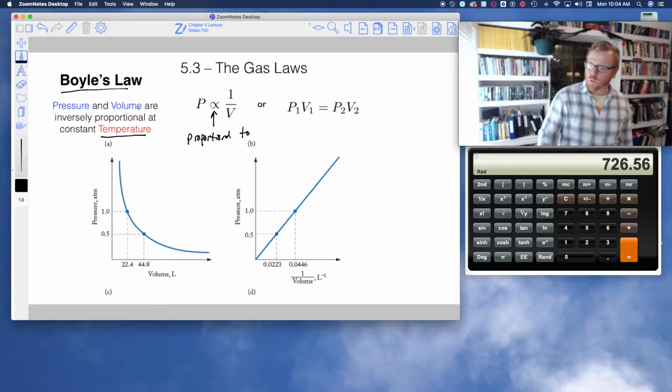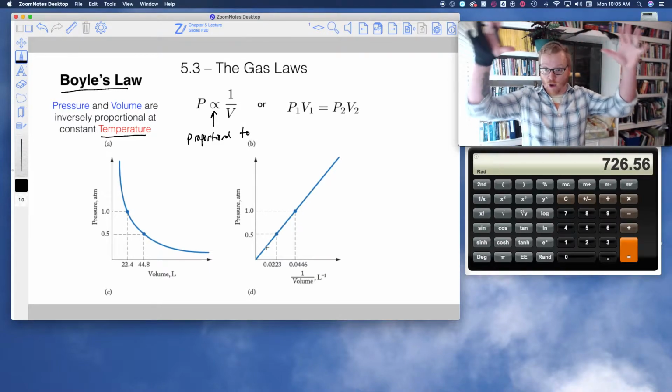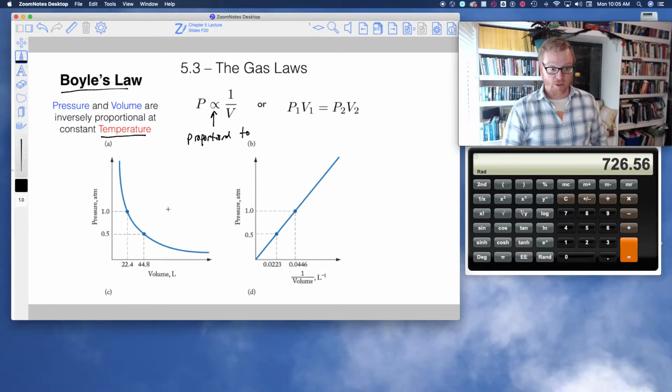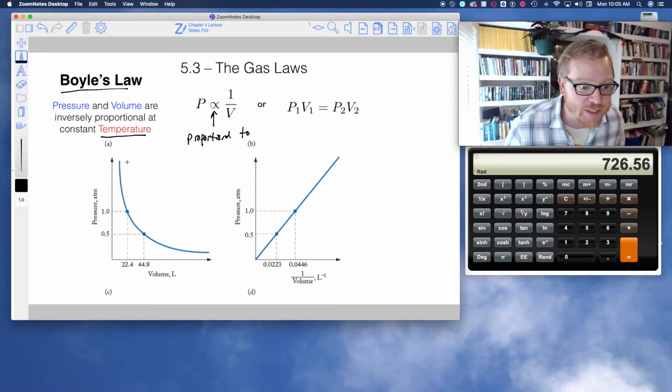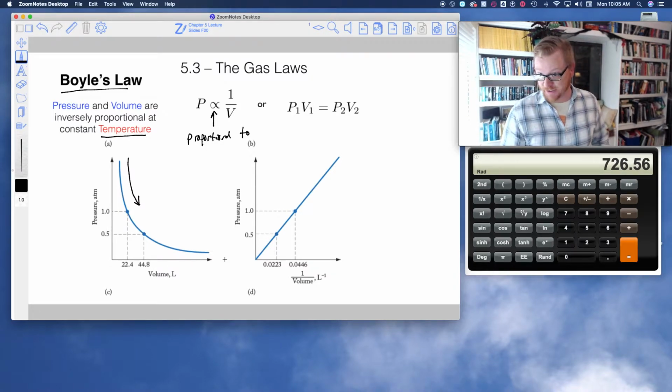So assuming that we can hold the temperature of our gas sample fixed, like suppose it's a balloon filled with some air, if I decrease the pressure around the balloon, notice what happens. The volume has to increase.